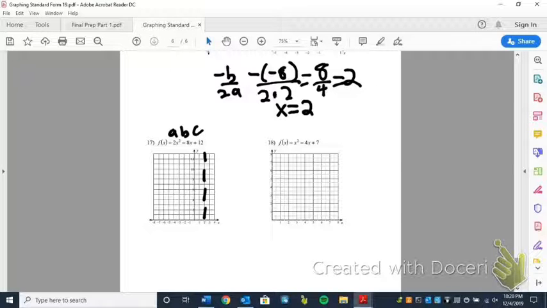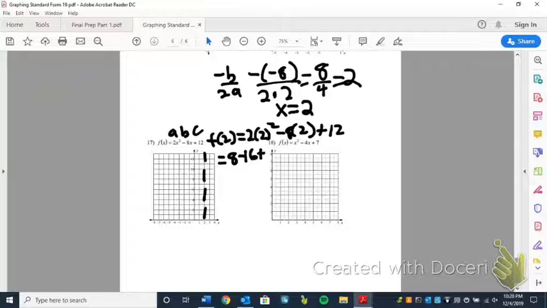To find my vertex, I plug 2 into the equation for x. So f of 2 equals 2 times 2 squared minus 8 times 2 plus 12. 2 times 2 squared is 8, minus 8 times 2, 16, plus 12. 8 minus 16 is negative 8.